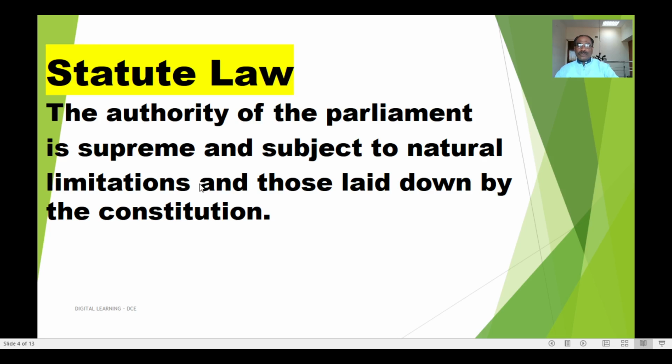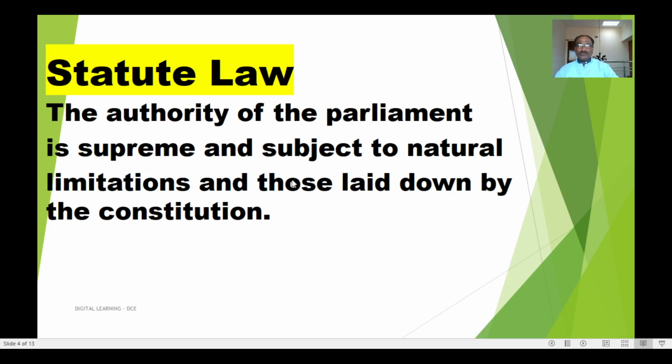Therefore the Indian constitution plays a more important role, and keeping it in mind, they have to frame the laws. They have to follow the rules and regulations of the Indian constitution, and then the law will be implemented and enforceable by law.